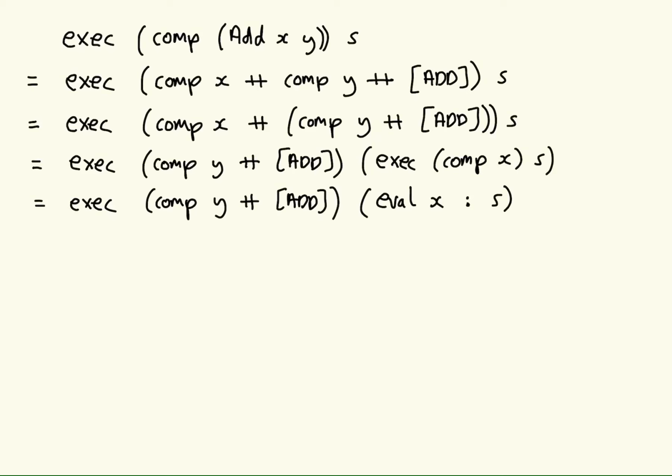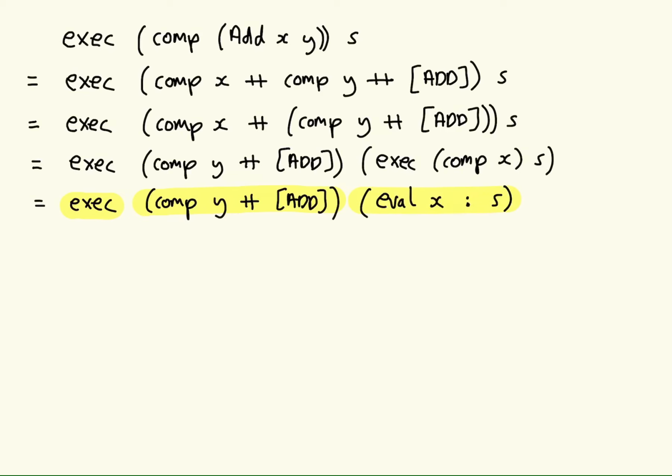So now we can look again at this whole expression and think, what can we actually do? We would like to be applying our induction hypothesis for y at this point, but it doesn't quite work. But we see we can apply our distributivity result again, because what we're doing here is executing two pieces of code appended together using a given stack.